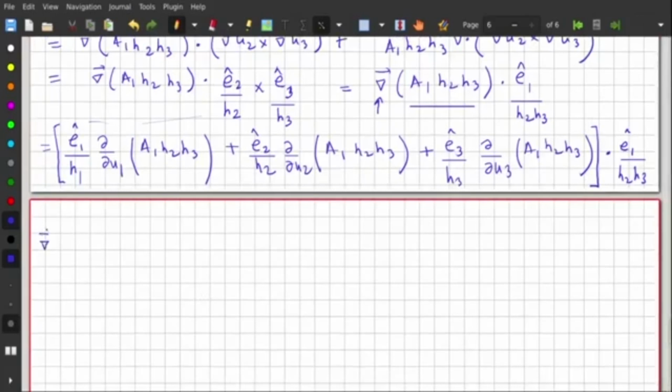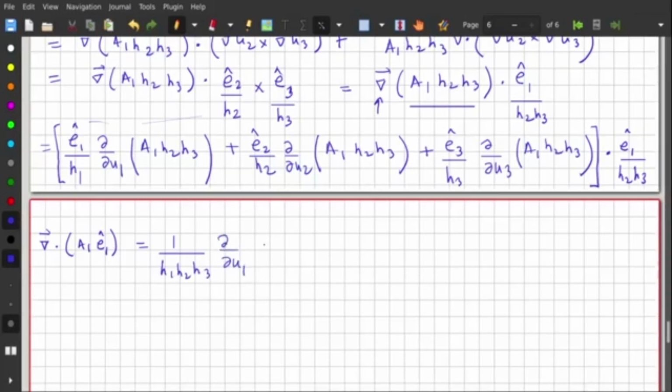So then this will become the divergence of A1 E1 cap. This is equal to, you see, H2 H3 and H1 is down, so it will become 1 over H1 H2 H3, and then partial with respect to U1 of A1 H2 H3. Similar expressions we can have for the other components.